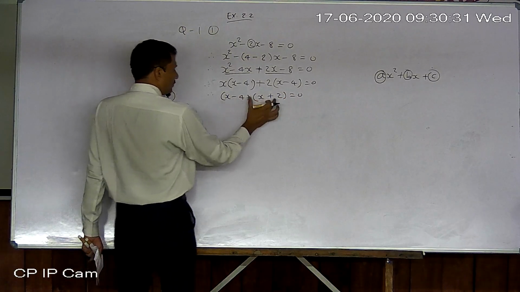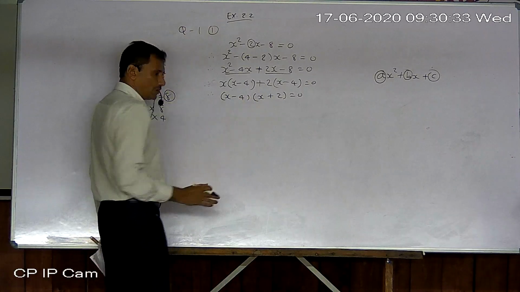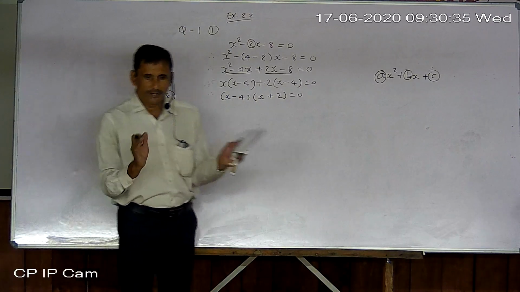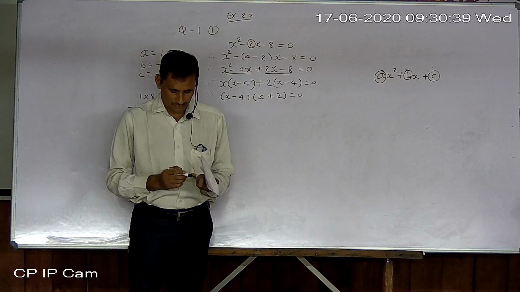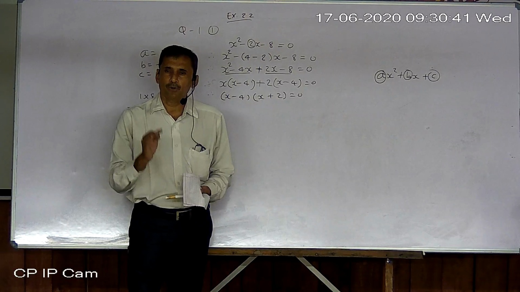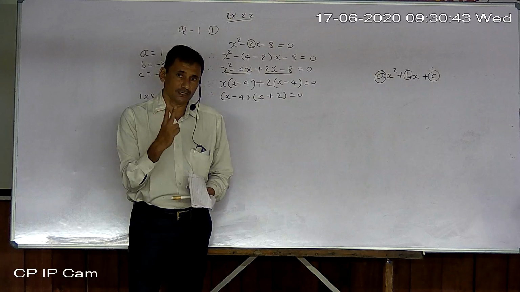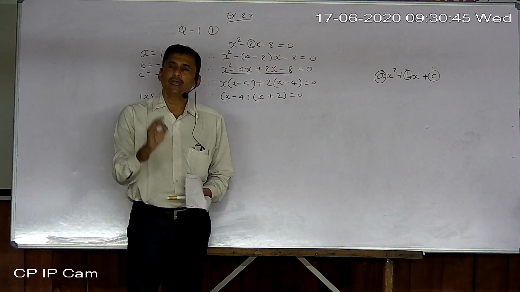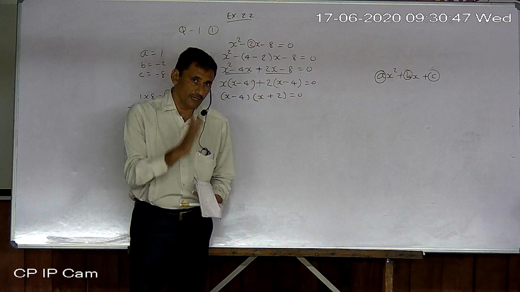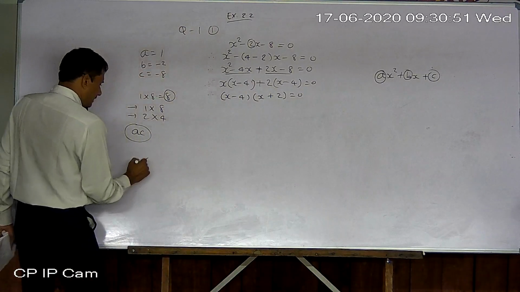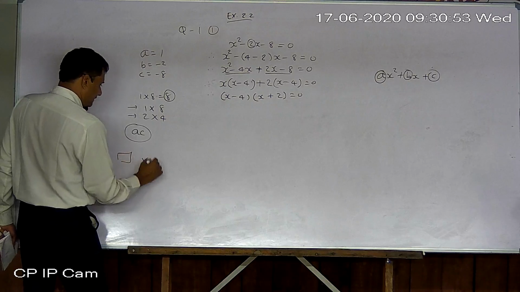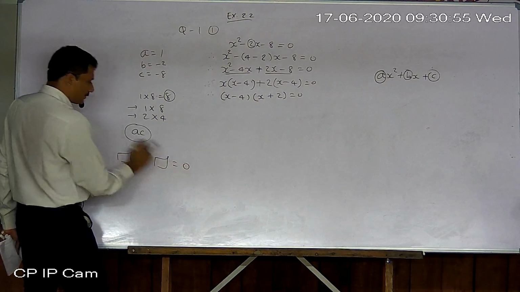Now you know if the product of 2 factors is 0, then any one must be 0. Again, if the product of two numbers or two factors is 0, then any one number must be 0. Otherwise, it is not possible. You give me two numbers so that their product becomes 0.